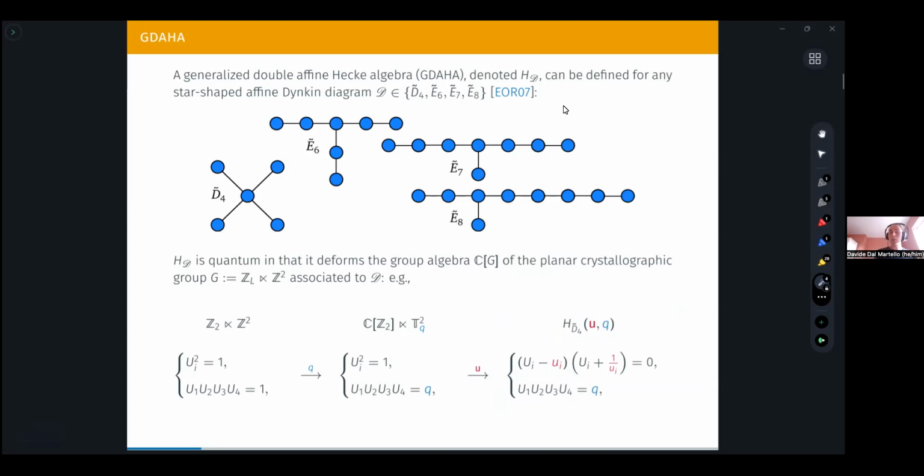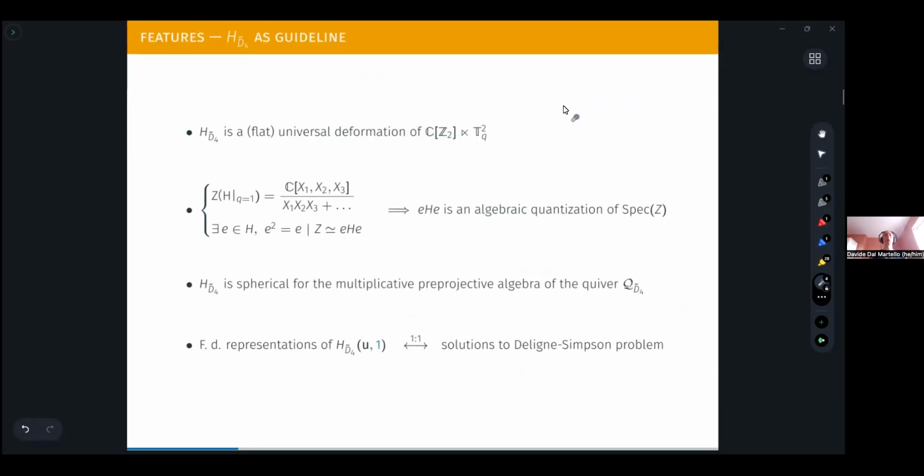Okay, so let me give you a flavor, at least a taste, of why these algebras can be interesting and the way they interact with many other areas of not only quantum algebra, but more like mathematical physics at large.